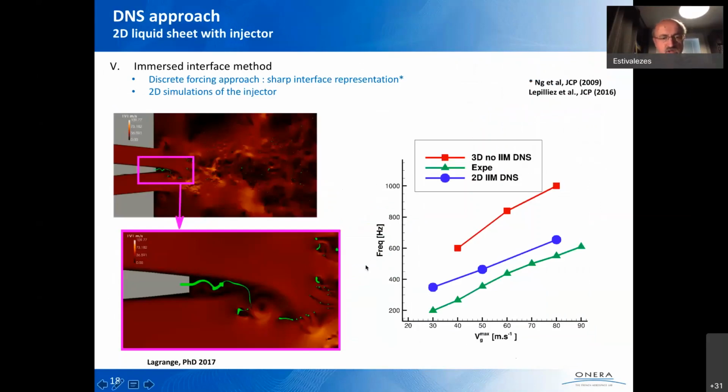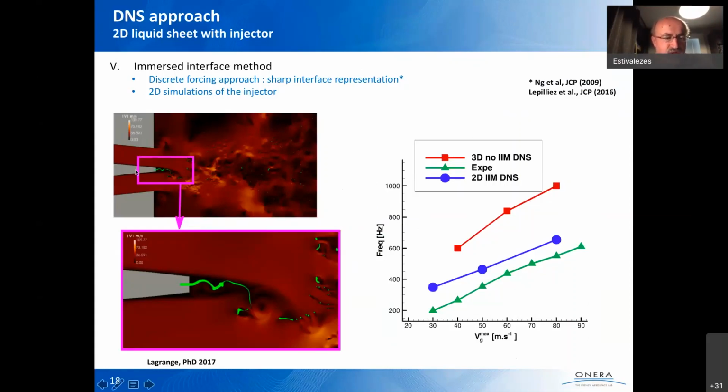As I told, we can also play with more complex geometry by developing some immersed interface methods that we plug solid in the computational domains in order to have geometry which are a little bit more complicated than only a square or cube or parallelepiped.